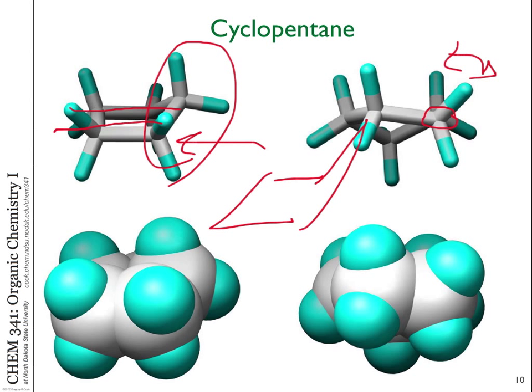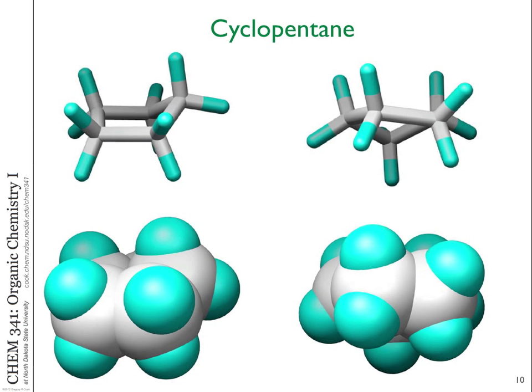Okay, so in cyclopentane, there's still some ring strain because the angles are not quite opened up to 109, and there's still a little bit of torsional strain between the hydrogens on one carbon to a hydrogen on the next.